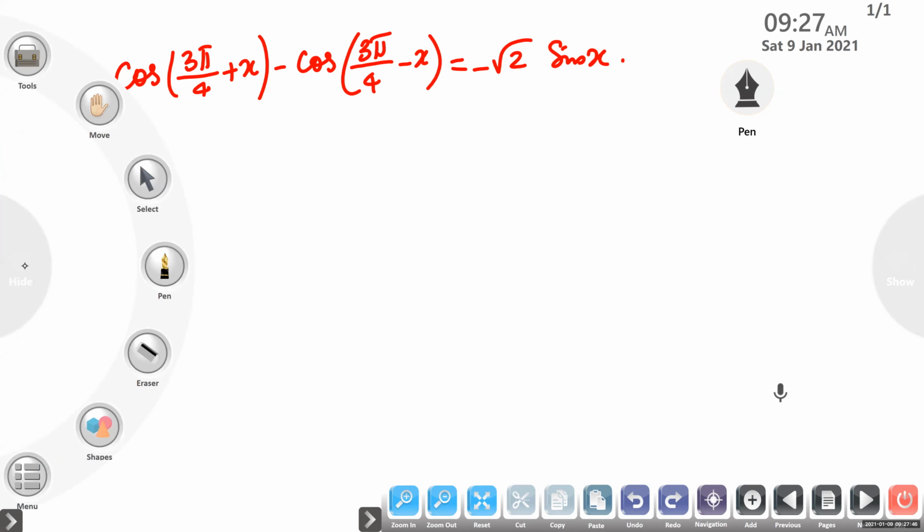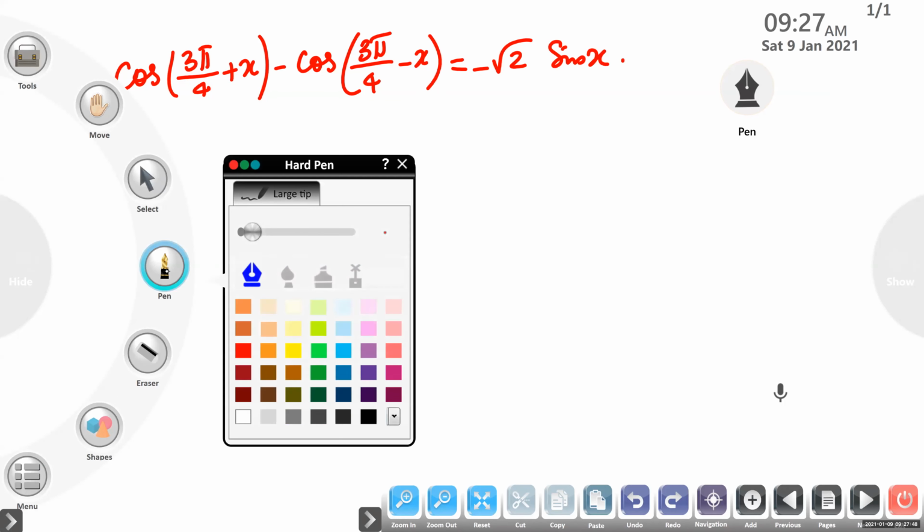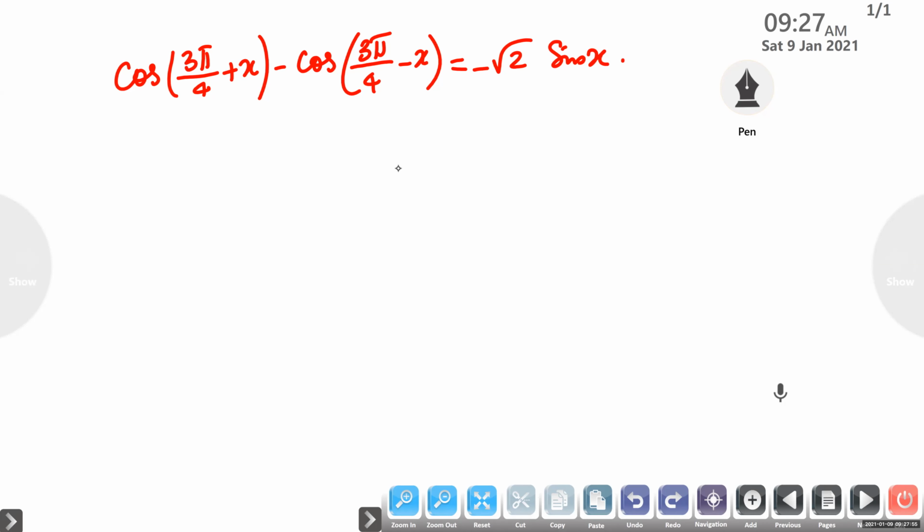Cos 3 pi by 4, isn't it? If it is 3 pi by 2, 270, we can use the formula. But here it is cos 3 pi by 4 plus x. So 3 pi by 4 plus x, you take it as A. This is B. So it takes the form cos A minus cos B. What is cos A minus cos B?